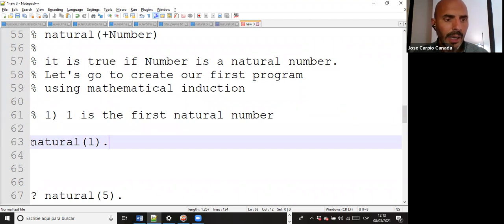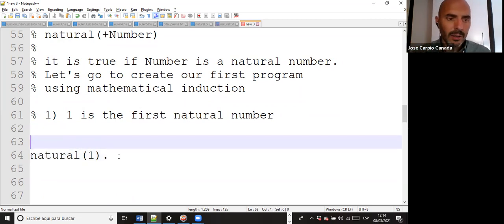It's the name of the concept, in this case natural, parentheses, and inside the number, and parentheses, and at the end, a dot. This is a fact, a simple way to express the idea that one is natural, okay?